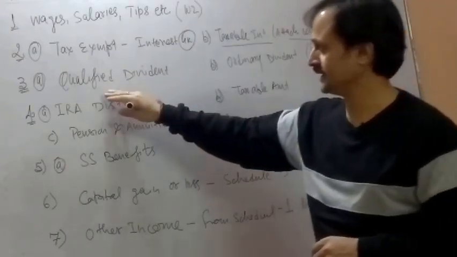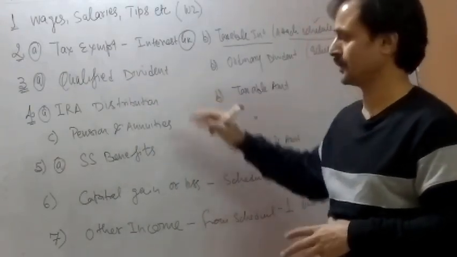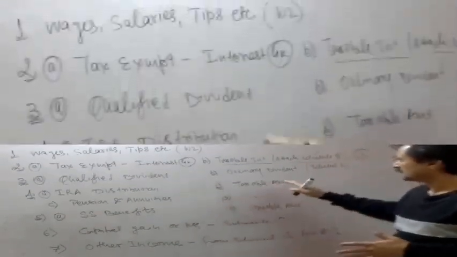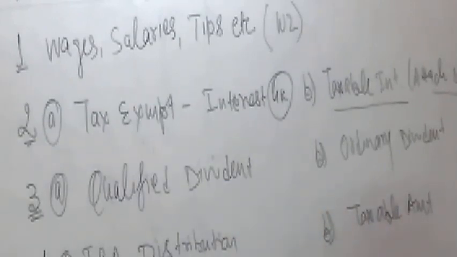Number 3 is qualified dividends. Qualified dividends are those ordinary dividends that qualify for lower tax. Someone has invested money 5 years back, and after 5 years they have received dividends. Obviously, after 5 years they will not be paying high taxes.